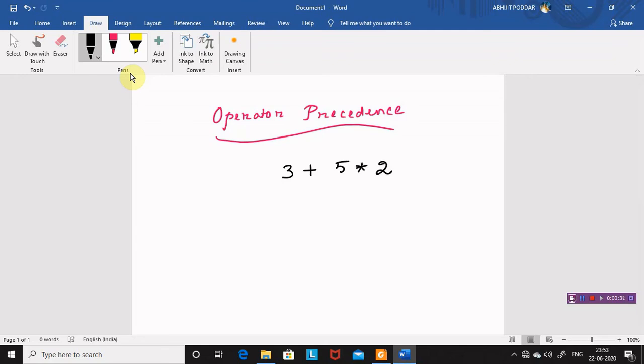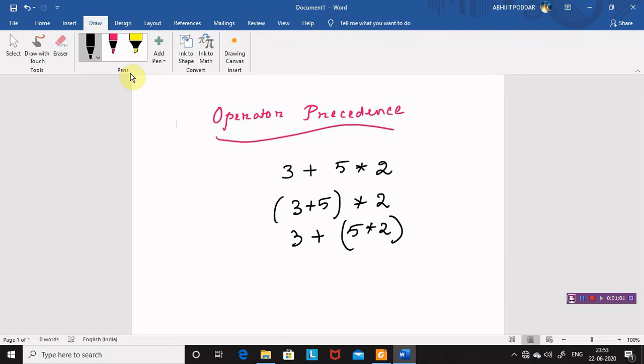So when we want to evaluate this expression in C, either the addition operator could be evaluated first and then the result could be multiplied with 2, or the multiplication would happen first and the result would be added to 3.